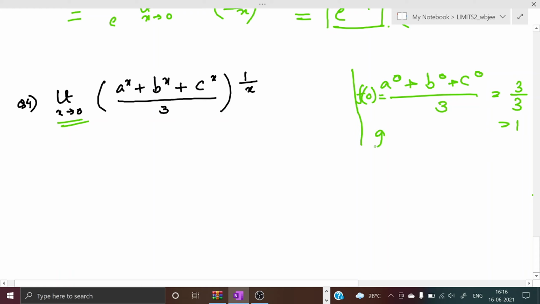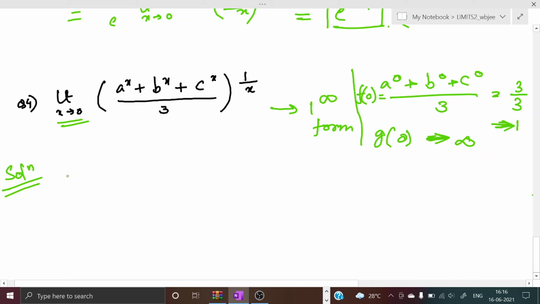And g of x is 1 by x, so g of x tends to infinity. So this is also a 1 to the power infinity form. So let's do the solution.